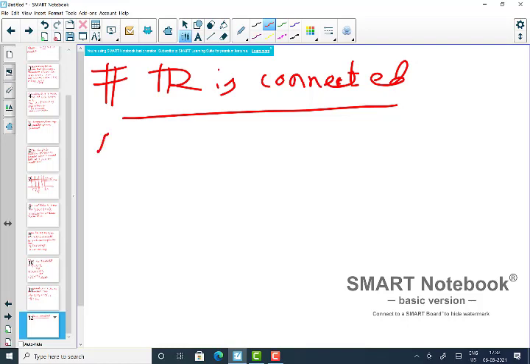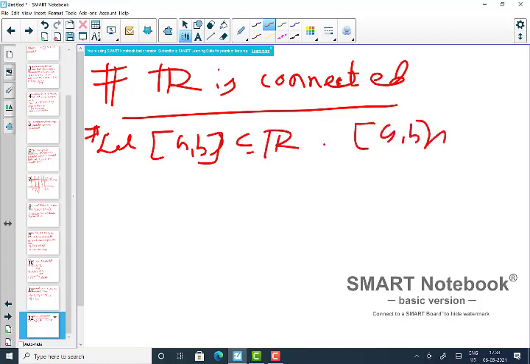So you have a closed interval, say [a, b] in R, then this is connected.